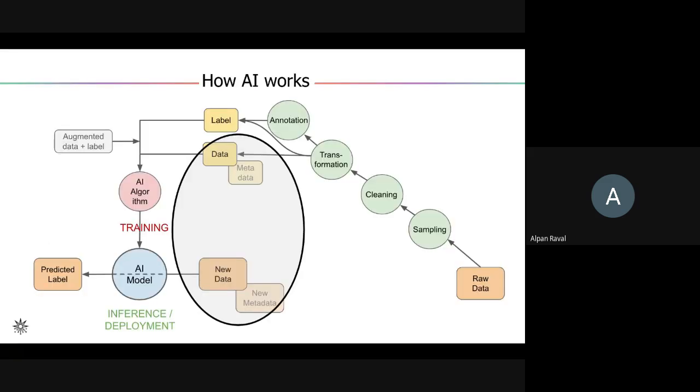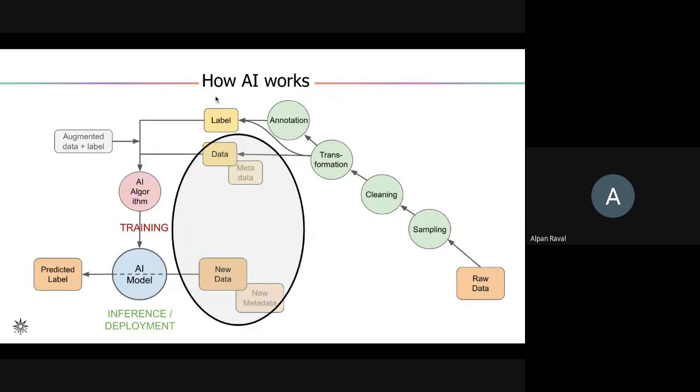This is a diagram that explains part of what I've been talking about. You've seen this diagram before from session 1, where you have raw data. Raw data goes through a process of sampling, cleaning, transformation, annotation, and so on. At the end of that, you get data plus labels.